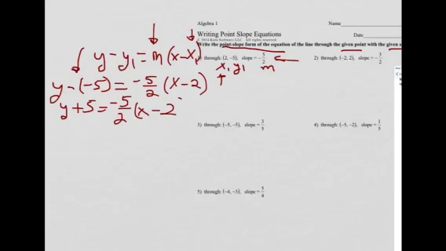In fact, if this was a multiple choice question, the answer choices would have had that double negative cleaned up. So it's good to practice that. Just notice and recognize that this right here would be an equation of a line in point-slope form: the equation of the line that goes through the point (2, negative 5) and has a slope of negative 5 halves.